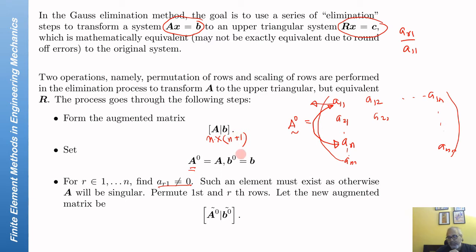I do that for B0 as well, and I get a new augmented matrix after the permutation, which is A0 tilde and B0 tilde. So now, after the permutation, these quantities have become tildes.